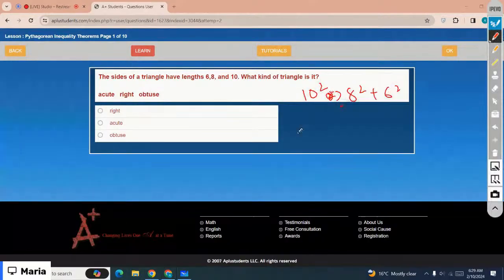You need to see. 10 square is 100, 8 square is 64 and 6 square is 36. 64 plus 36 is 100. So both sides are exactly equal, right? That means the Pythagorean theorem holds. And if the Pythagorean theorem holds, that is a right triangle. So the correct option is right triangle. Got it?